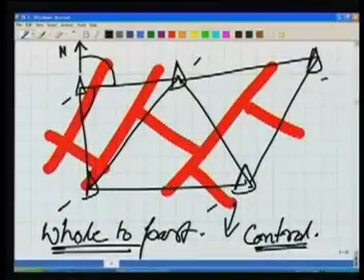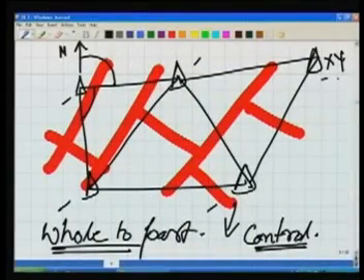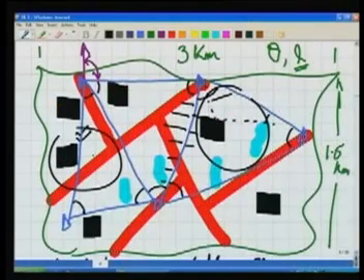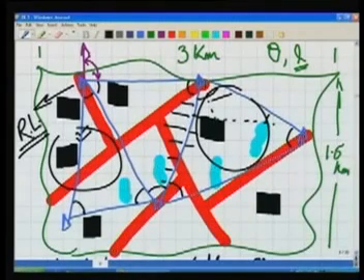Now, another way in which this triangulation or control can be used: right now the control which we are seeing is only horizontal, but the control is vertical also, because I know not only x, y but the z coordinate also of a point. If in my triangulation figure I know, let us say, the RL of this point, RL stands for reduced level, we will talk about that later.